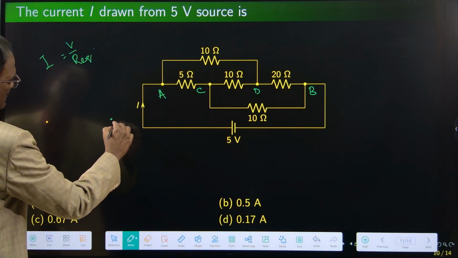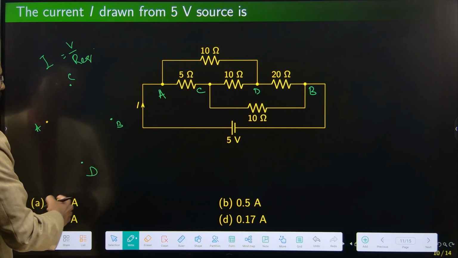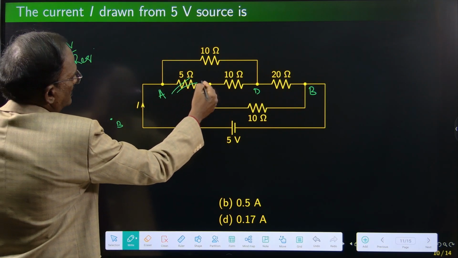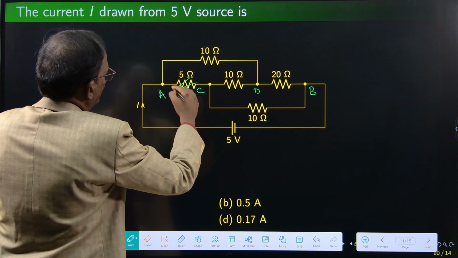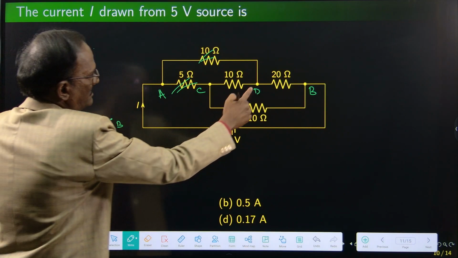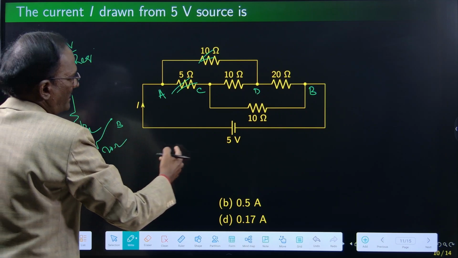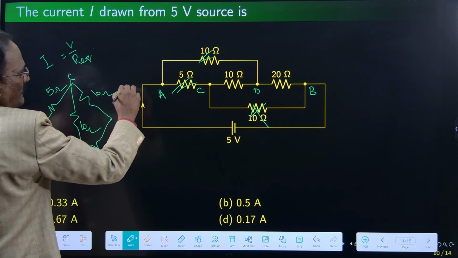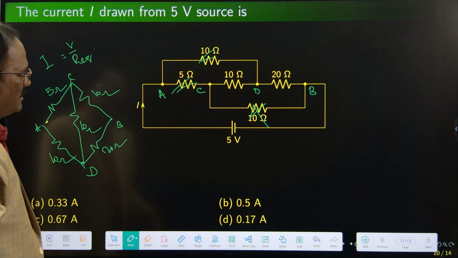A, B and C, D. A and C 5 ohms. C and D 10 ohms. A and D 10 ohms. D and B 20 ohms. Then C and B 10 ohms. Yes, all the 5 resistors have been drawn here.